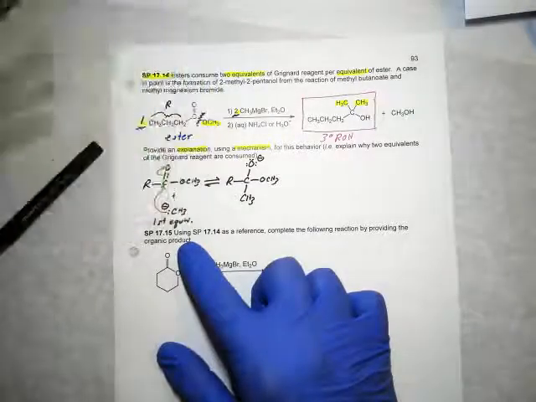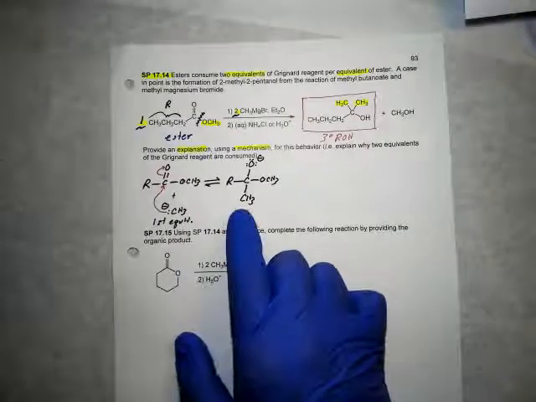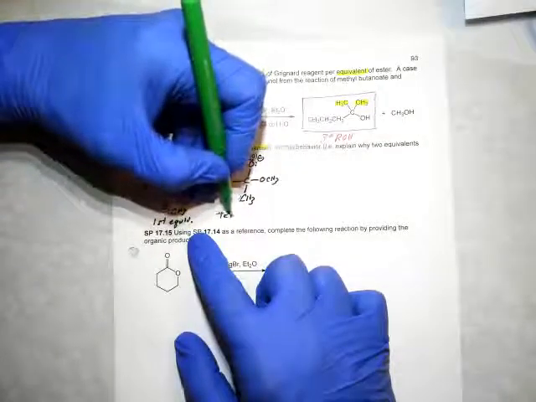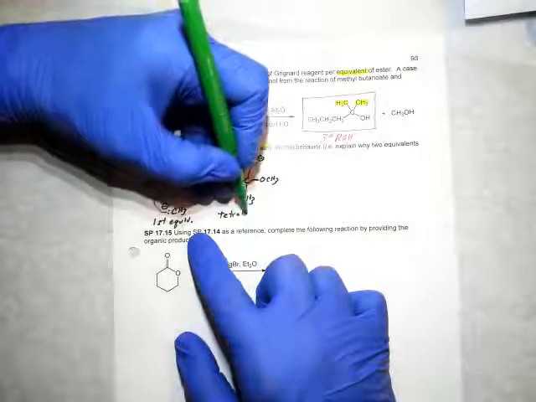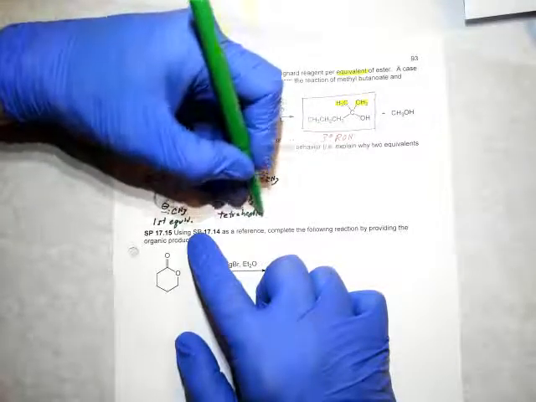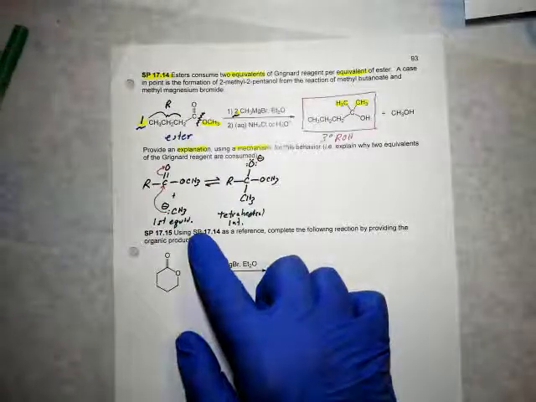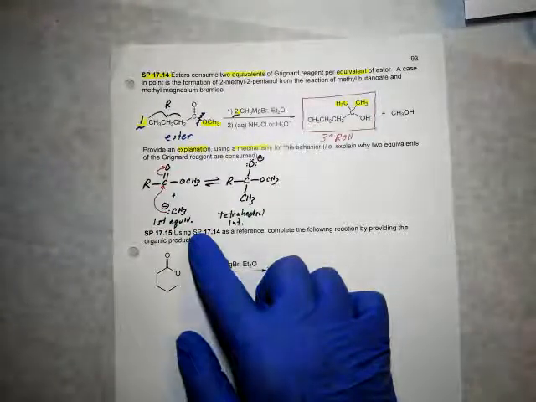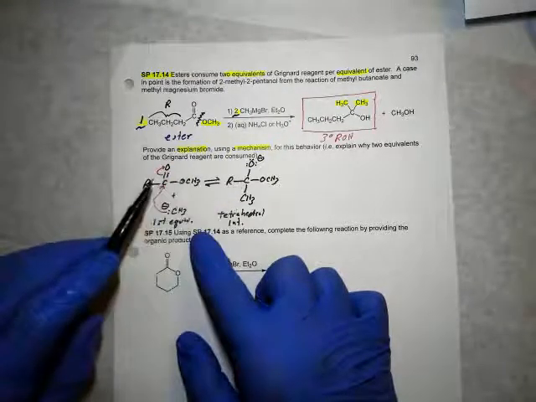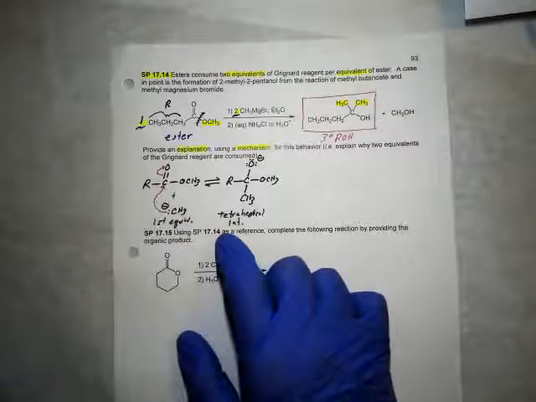And what did I say this was? It's an intermediate, but more specifically, a tetrahedral intermediate. Forgot how to spell tetrahedral. There we go. Tetrahedral intermediate. So you don't isolate it. Now the reason it's called a tetrahedral intermediate is pretty simple. This carbon went from sp2 to sp3, which is now tetrahedral about that center.